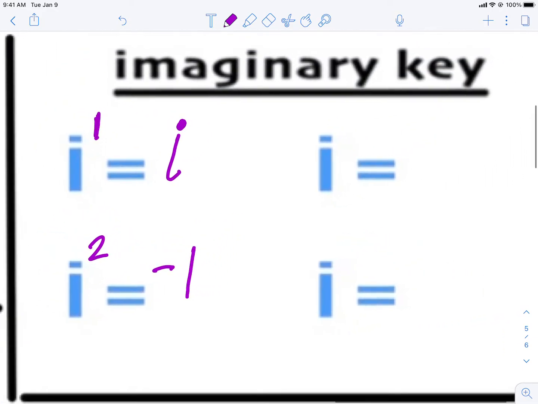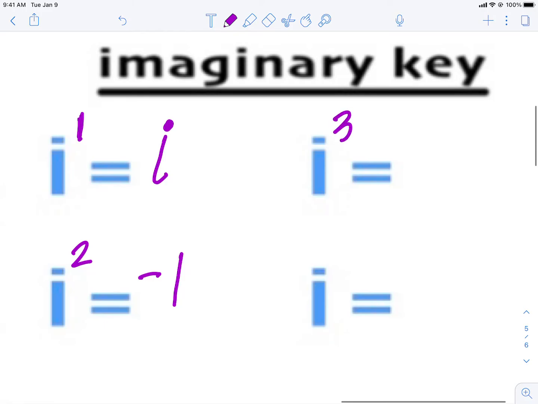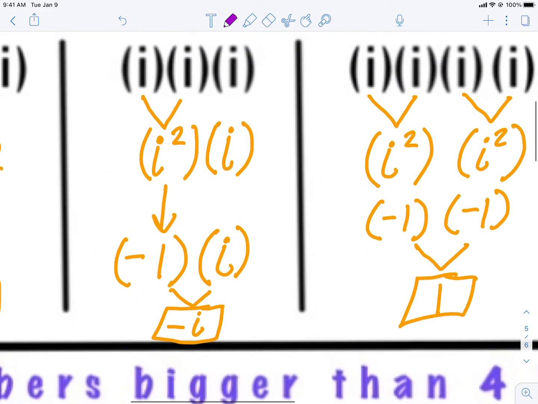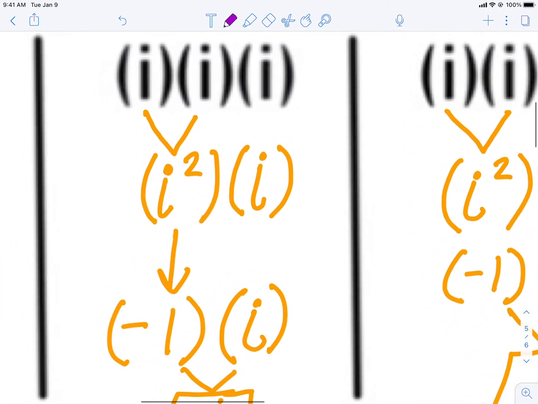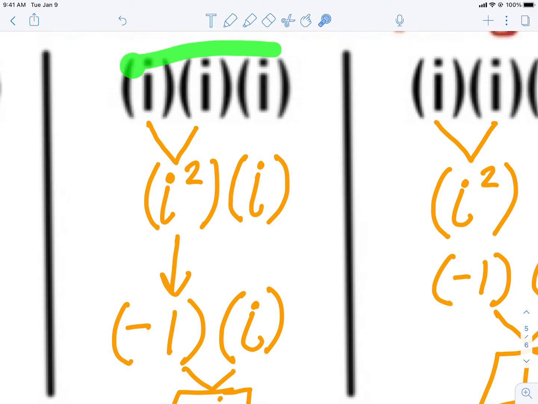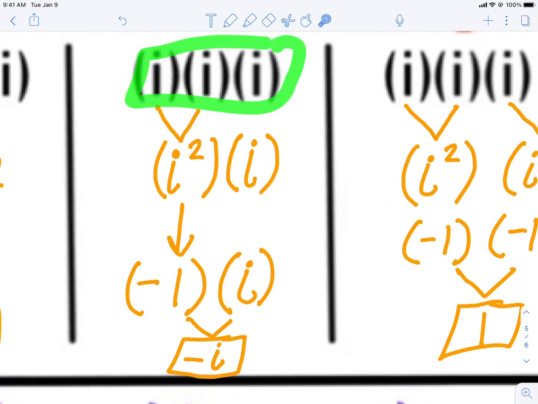So what's next? I to the power of 3. Well, how much is 3 i's? Oh, we did it right here. Right? 3 i's right here. And what did we get at the end?